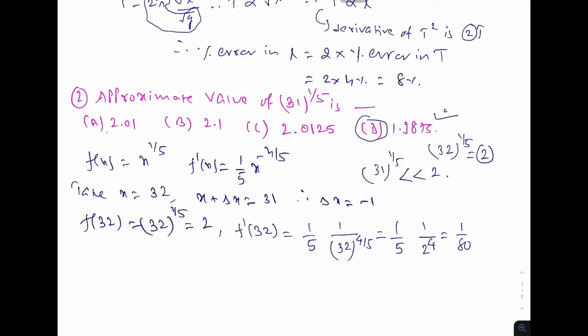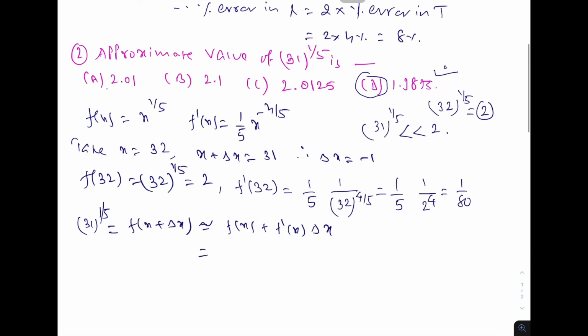Okay, now we want to find 31 power 1 by 5, so that we consider as f of x plus delta x, and that we know is nothing but f(x) plus f dash x delta x.